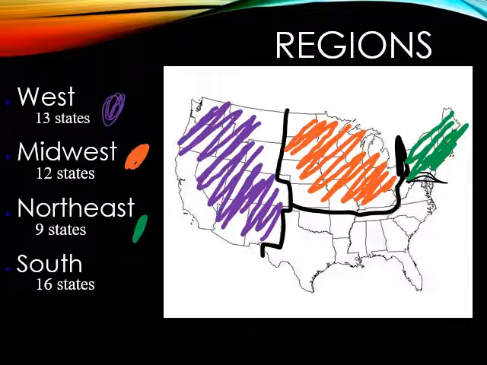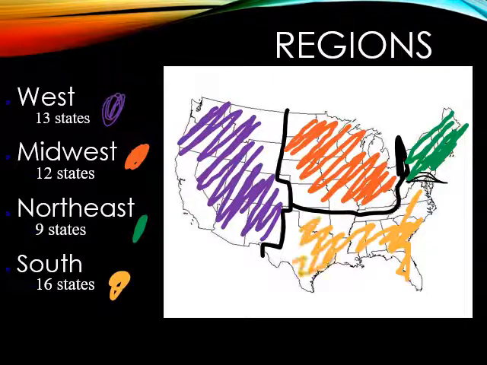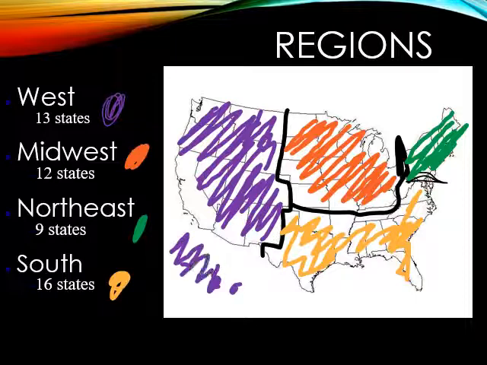And then the South, in my example, will be yellow. I'll color in this largest area of 16 states as yellow. When you look at the West and it says 13 states, you can't see them all here, but both Hawaii and Alaska would be included in the West as well.